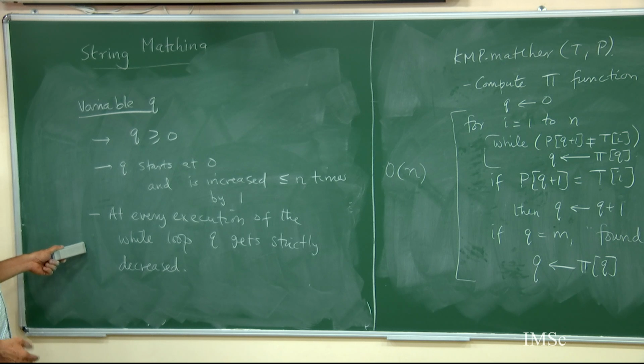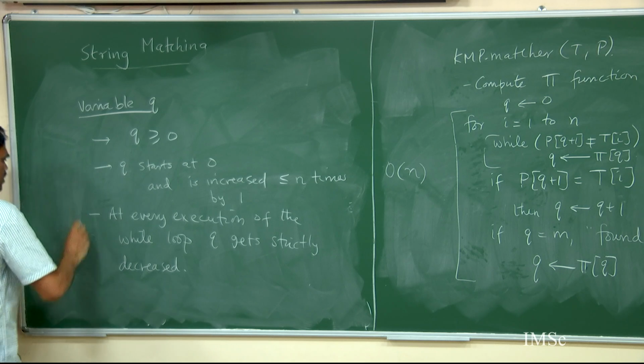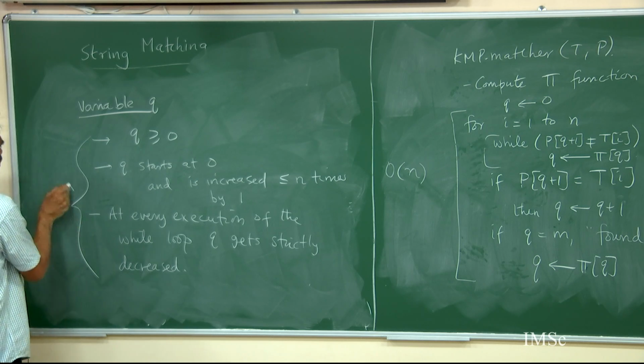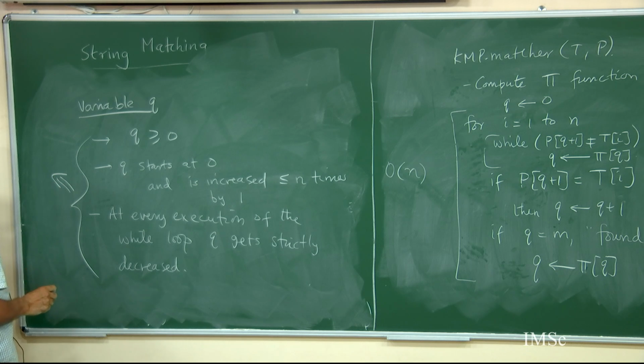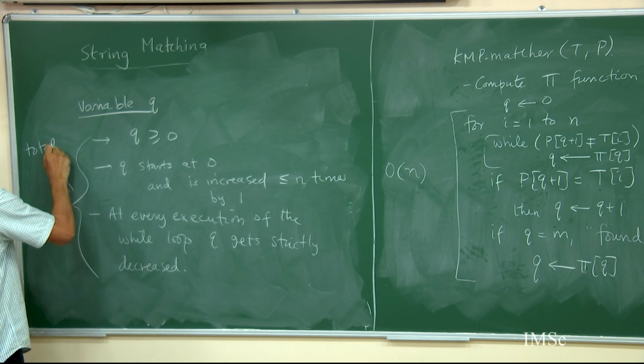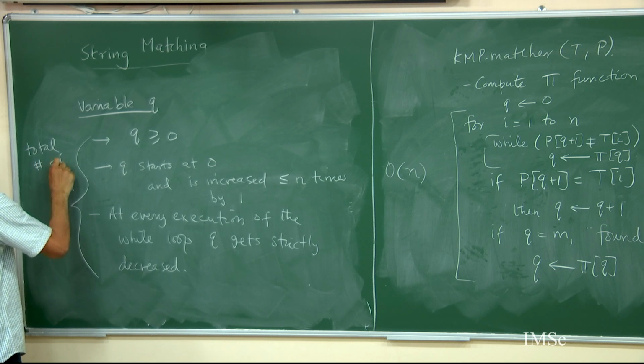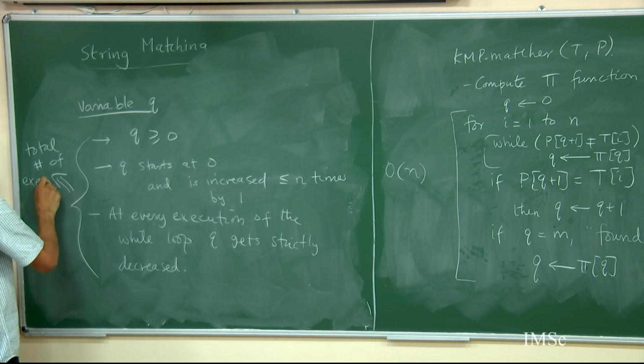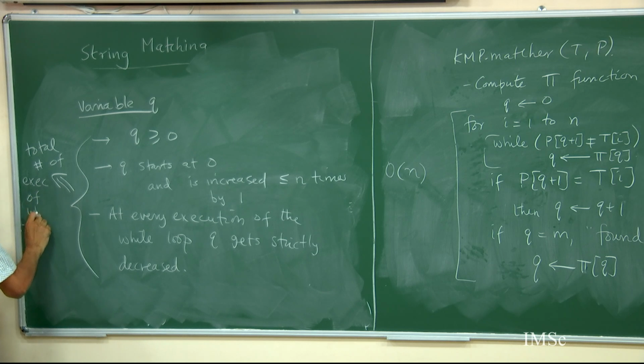Okay. Is there a nice clean way of seeing this? So all of this implies that the total number of executions of the while step is order n.